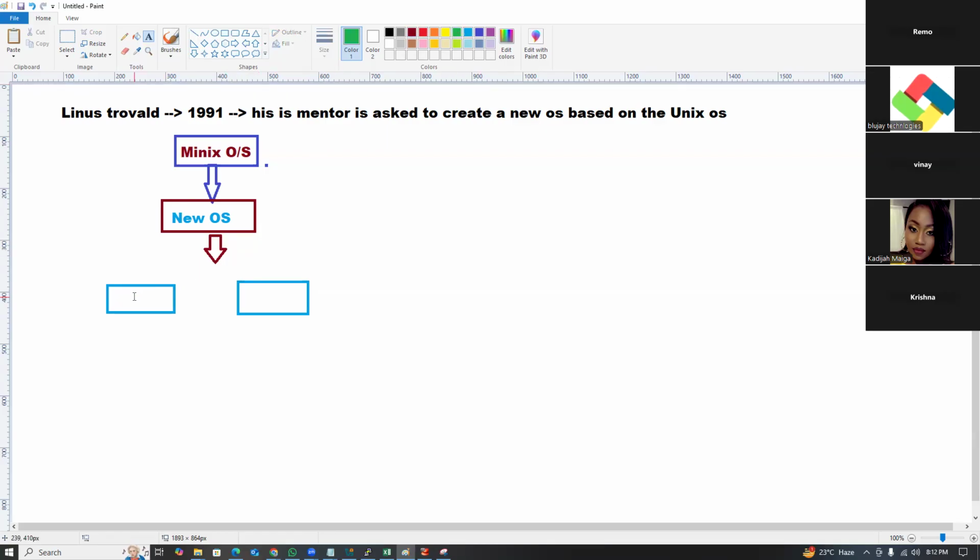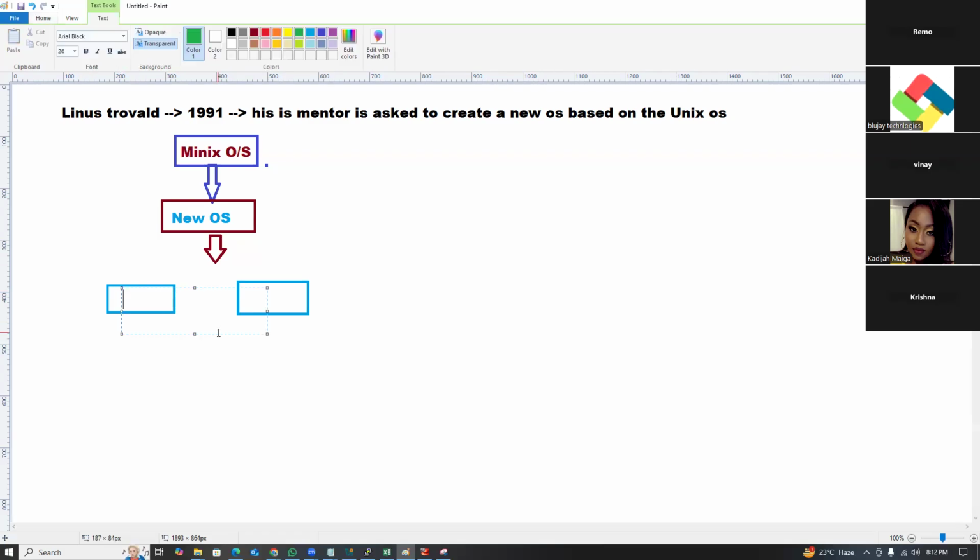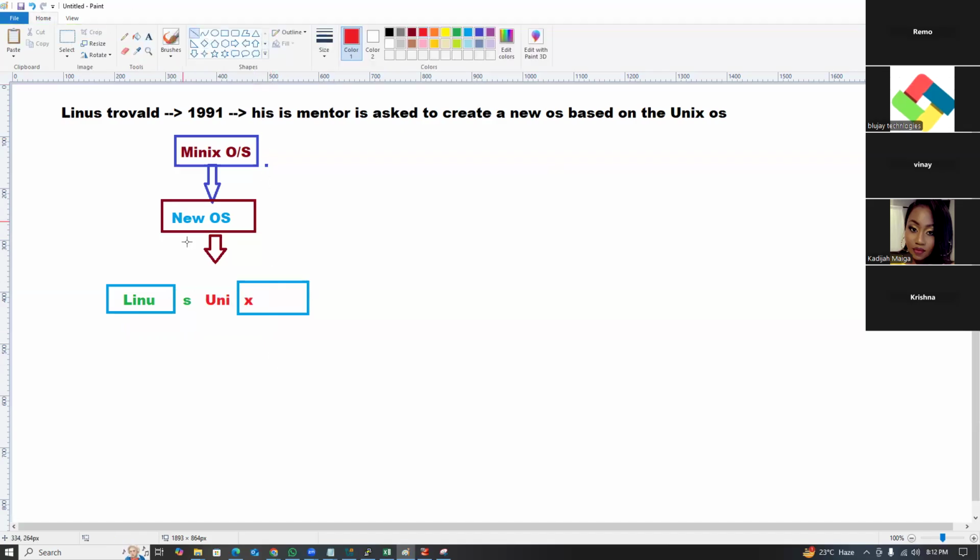Linus Torvalds. Yes. He took the first four letters from his name and the last letter from Unix, and they put the name together. Then finally the Linux OS comes into the picture.